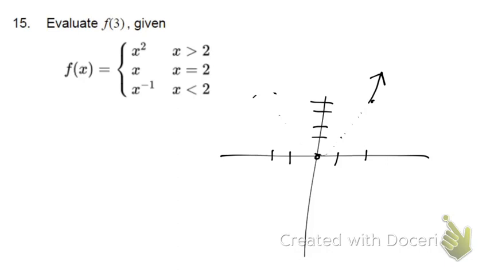The next one, when x equals 2, the function equals x, y equals x. Where's that point? Because that's just a point, right? X equals 2 is just a point. What is it at? 2 comma what? Do you know what the line y equals x looks like? It looks like this, right?